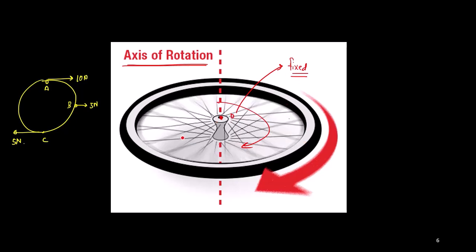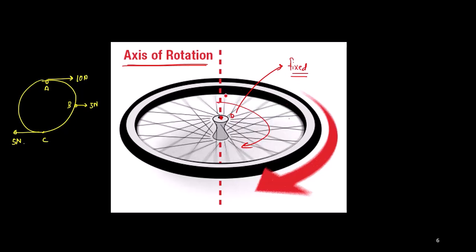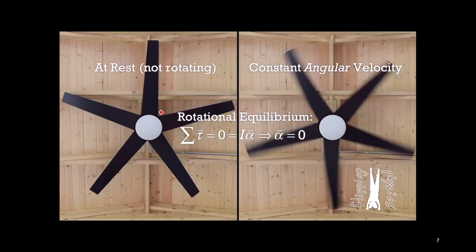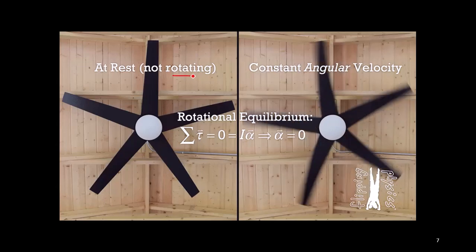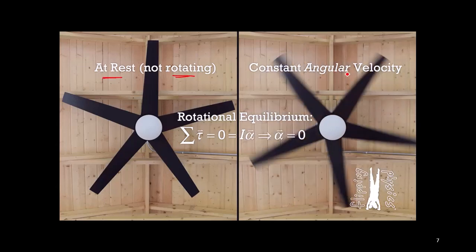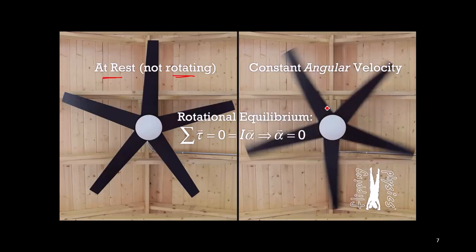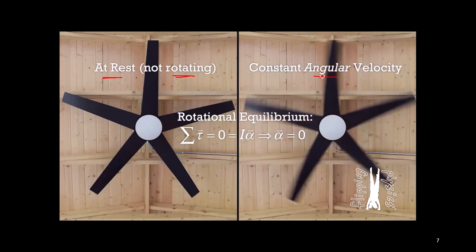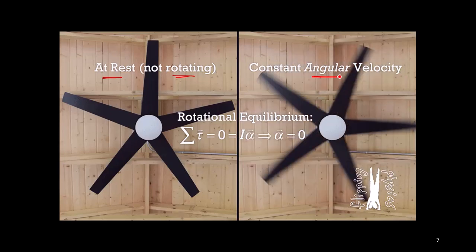Only one point is at rest, and that point is basically the axis. So if there is a fan which is not rotating, that means it is at rest. If the fan is rotating, it may be rotating at a constant speed or maybe variable speed. Depending on that, the angular velocity may be constant, may not be constant.